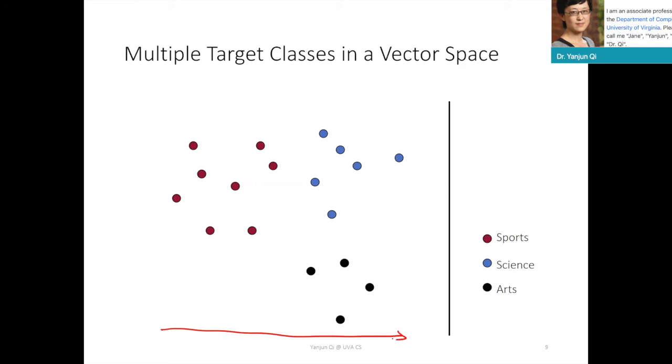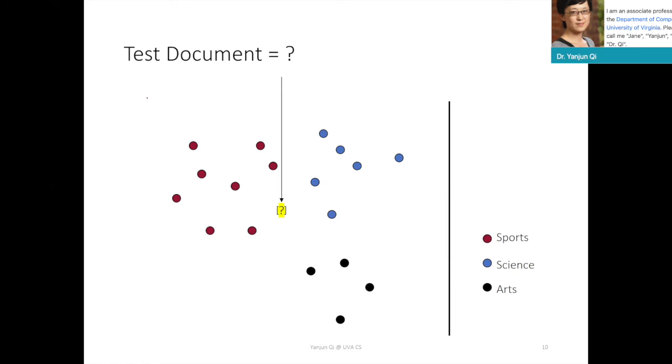Let's just assume this is x1, this is x2. And then there are 3 classes: sports, science, and arts. So when you have a future point, how do you decide? Again, you look at this future point, and you have to calculate the distance versus all the training data.